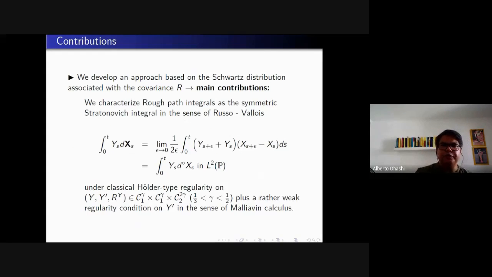Okay, so our contributions are the following. We characterize the rough path integrals as Stratonovich type integrals in the sense of Russo and Vallois, and the classical Hilbert type regularity in the sense of rough paths. And y prime satisfies some regularity in the sense of Malliavin calculus, but very weak regularity.